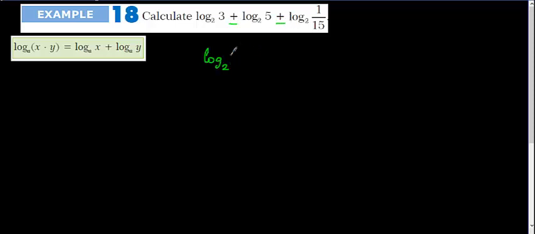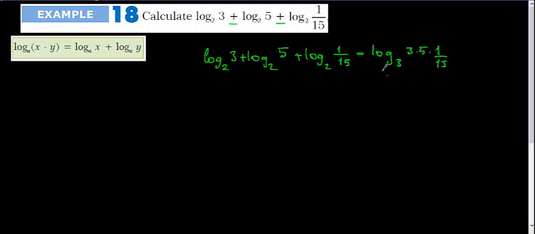Logarithm base 2 of 3 plus logarithm base 2 of 5 plus logarithm base 2 of 1 over 15 is equal to logarithm base 2 of 3 times 5 times 1 over 15, which is logarithm base 2 of 15 over 15.